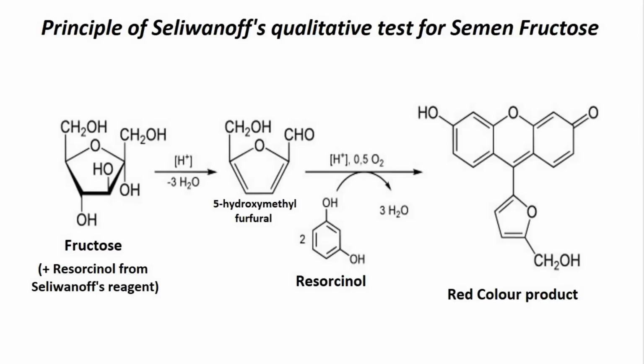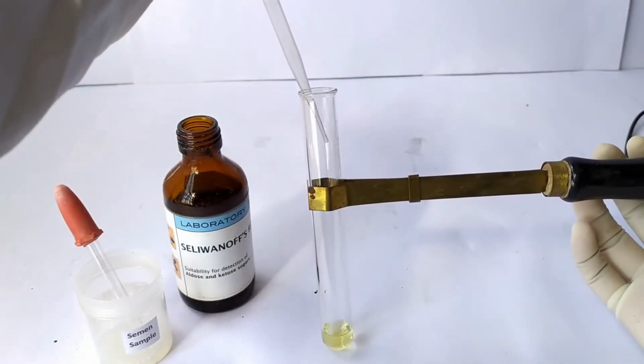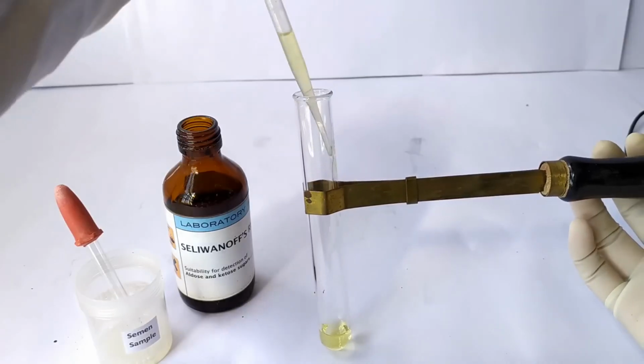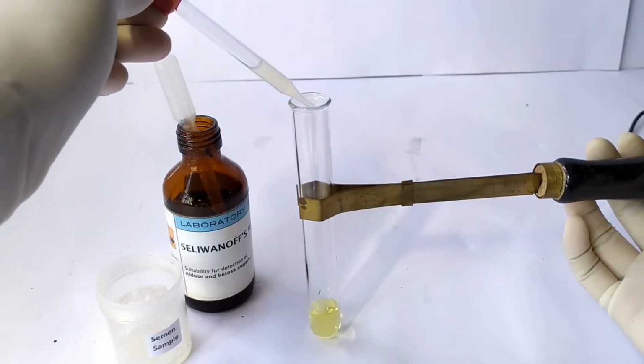To perform qualitative tests for fructose in a semen sample, take 5 ml of Seliwanov's reagent in a test tube. Add 0.5 ml of the semen sample to the tube and boil the mixture for a minute or so.